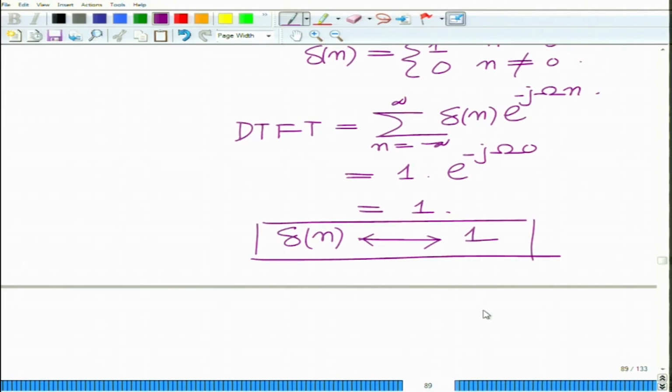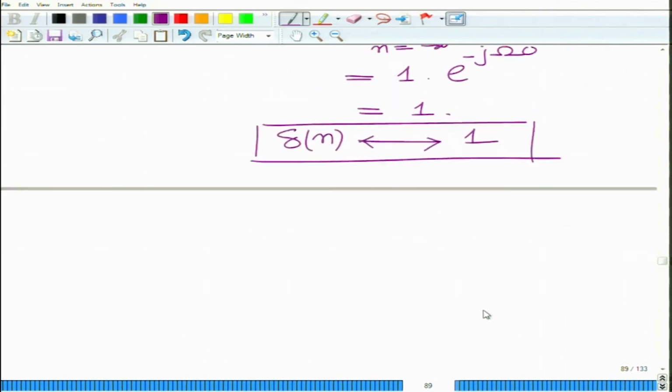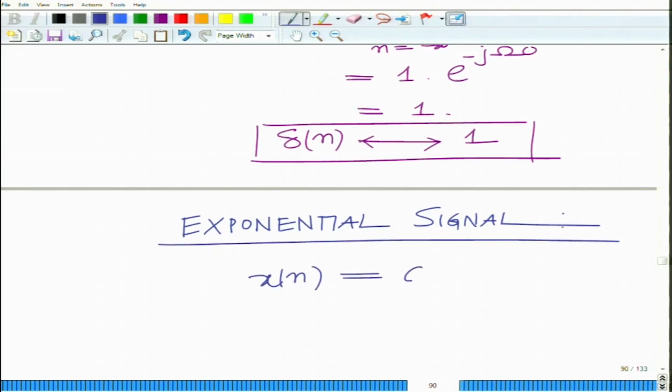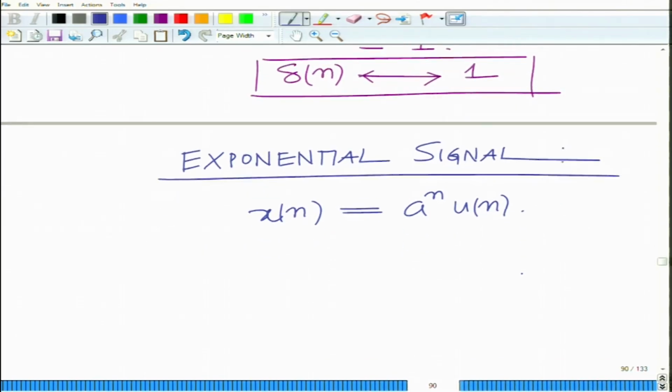Okay. And let us look at the causal exponential signal. Now, when we look at the exponential signal, we consider a decaying exponential, that is, a is real first.